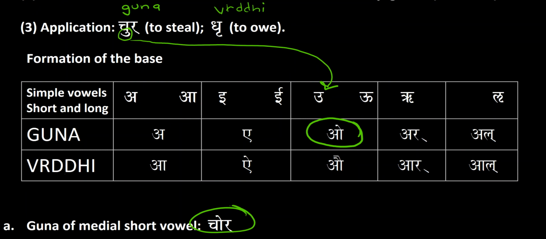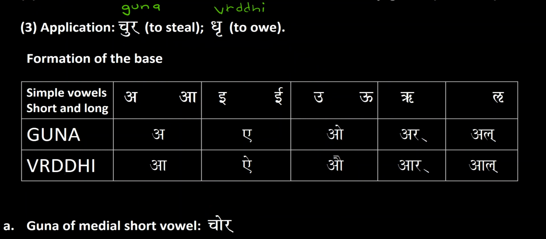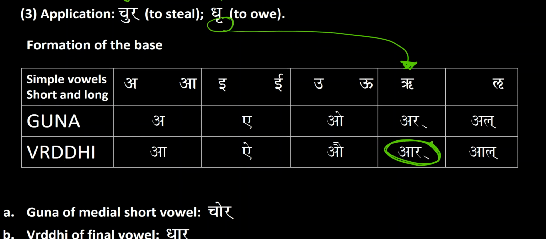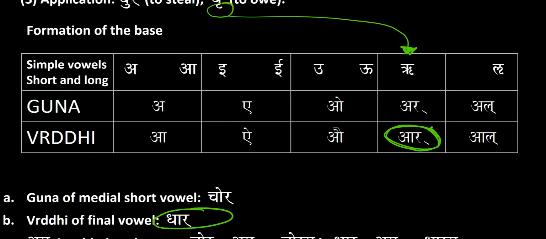So that is that. Now moving on to the next verb, dhri, we have our final vowel, the ri, which is right over here, that is going to take vridhi. So this ri is going to turn into ar. By having that ar replacing the ri, this is going to turn into dhar. Vridhi of the final vowel is going to turn into dhar.